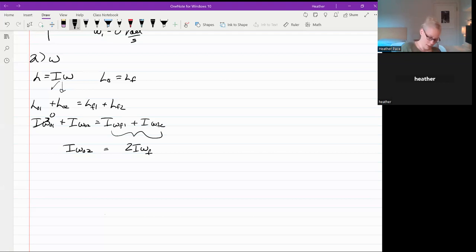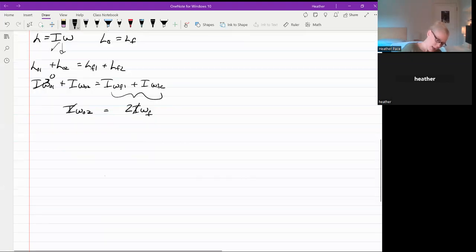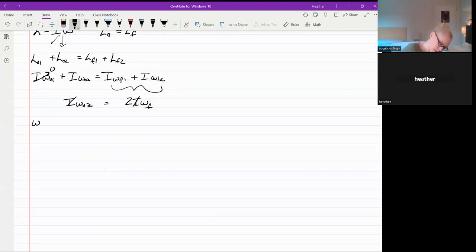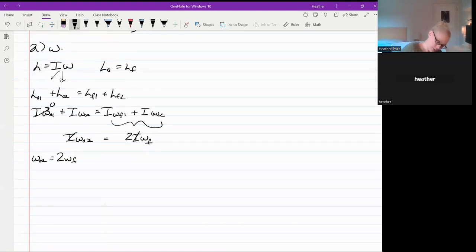And we know that the I is not going to change. The shape of what we've got isn't changing in any way. So these cancel out, and we end up with omega naught 2 equals 2 omega F. And we are looking for omega F.